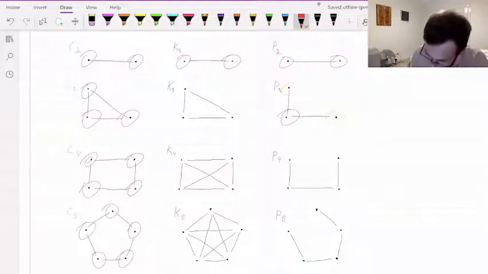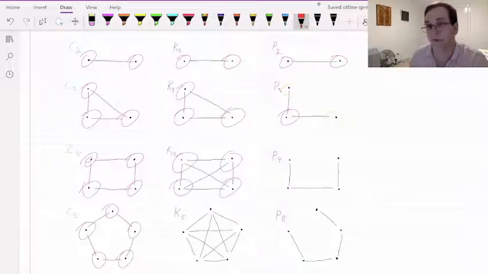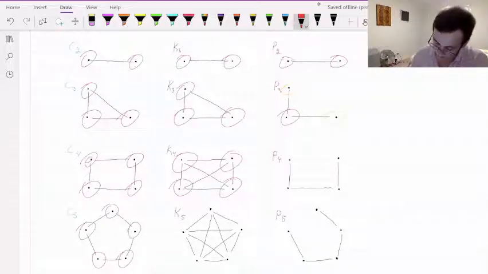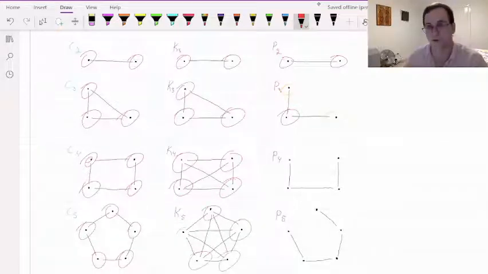For 3 vertices, we are 2 regular. For 4 vertices, we are 3 regular, which is sometimes referred to as cubic. And in the case of 5 vertices, we have 4 regular. And as you might expect, with complete graphs, we are always 1 less than the number of vertices in terms of our regularity. And every complete graph is regular, just like every cycle graph is regular.